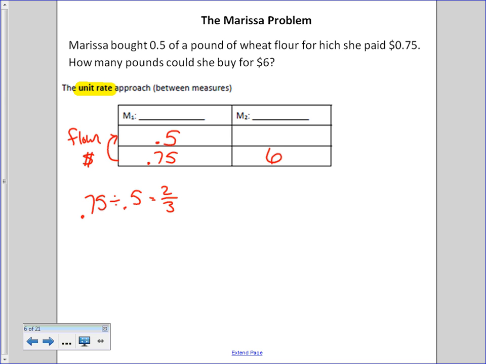So I know that I would be multiplying by 2/3. And I'm going to use a fraction because it's easier over here. I'm going to multiply by 2/3. So 6/1 times 2/3. I'm going to simplify it, and I get 4/1, so I know I can buy 4 pounds of wheat flour.